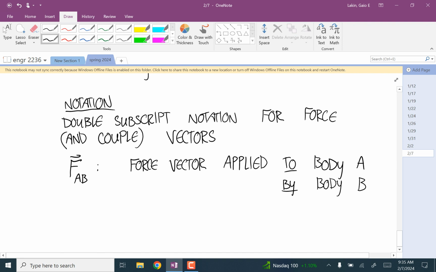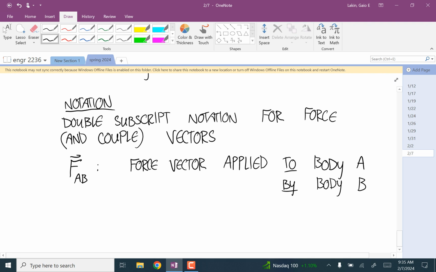And you have to be careful with this. Don't think of this as just the force between body A and body B. In fact, in this class, just never think of anything starting with "the force between," okay? You're glossing over something if you do that. Okay, so the force vector on body A by body B, not the force vector body A applies to body B. That's backwards, okay?